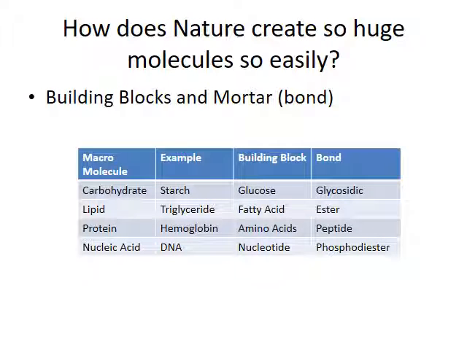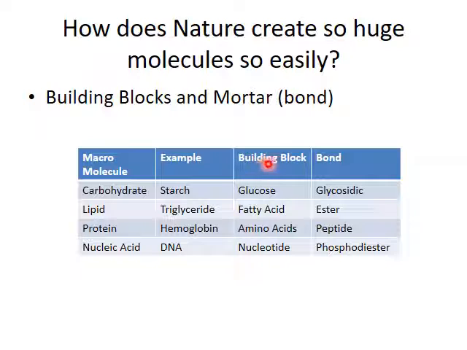Now, how does nature make these gigantic molecules? They have to make them relatively easily, because it can't be a complex method to come up with these molecules. The way I talked about this in the first PowerPoint is that nature uses building blocks to build these enormous buildings.